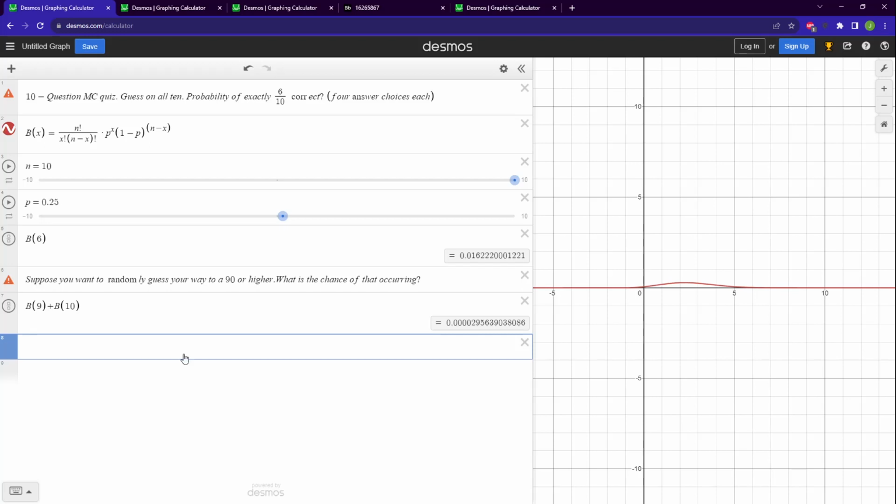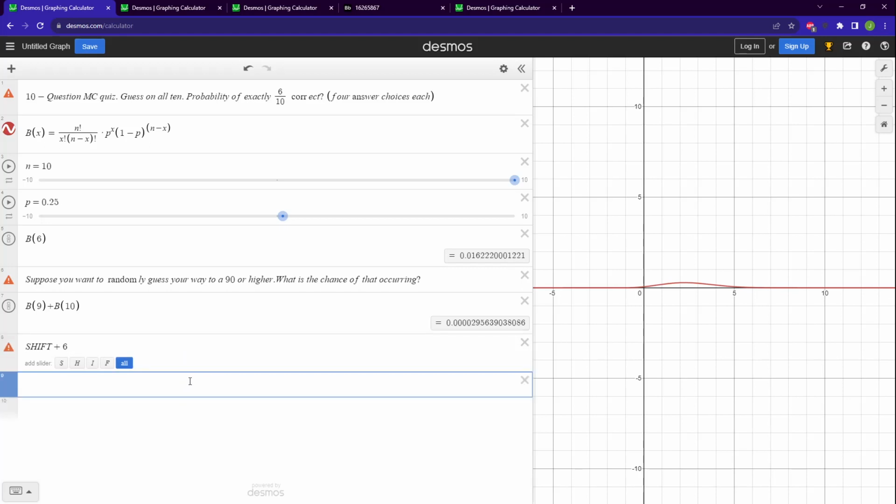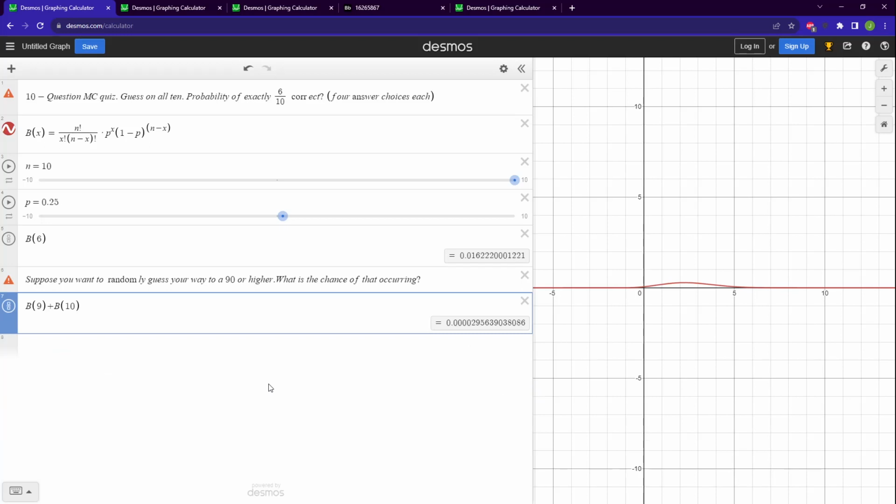So to put it here, you're going to hit Shift and 6. And so Shift 6 will give you that exponent. So if I have 5, I'm going to do 5 to the power of 5. Shift 6 puts it up there. So that is how you get the exponent. That is the binomial example. Let's move on.